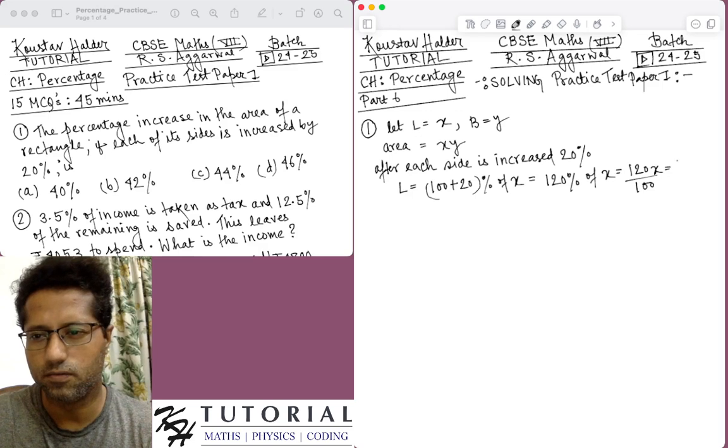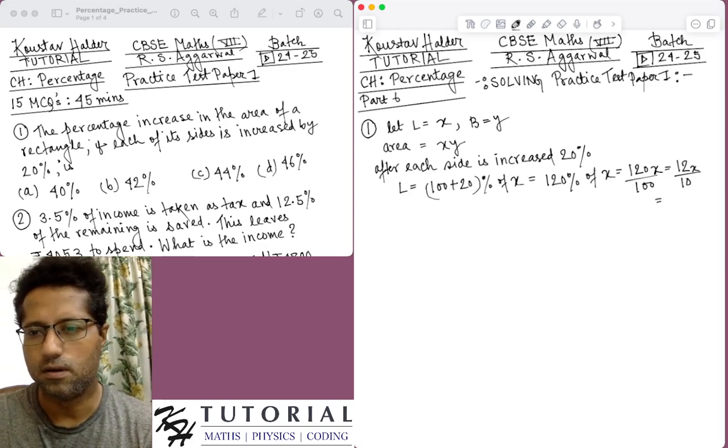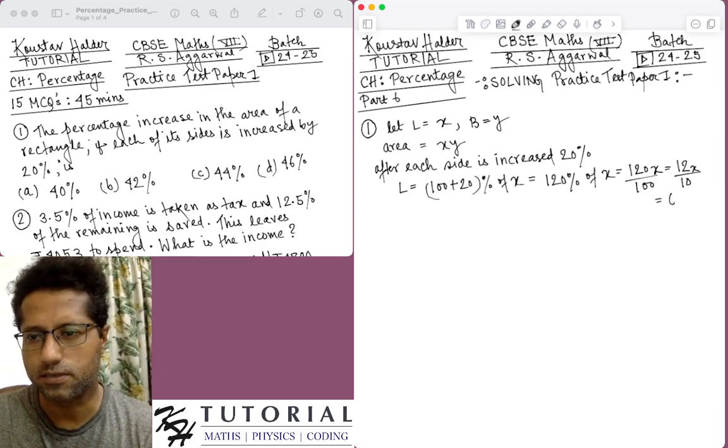This is finally 12x by 10, which can be further reduced to 6x by 5.